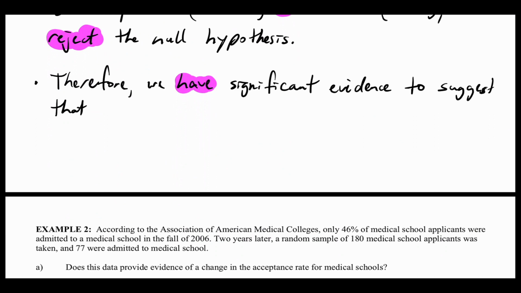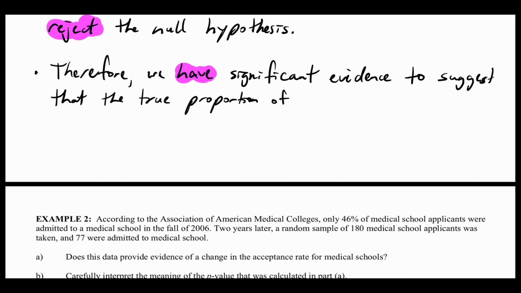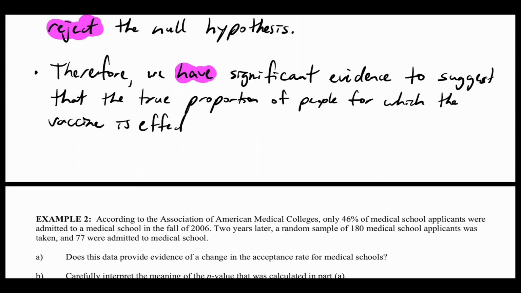So therefore, we have significant evidence or sufficient evidence or enough evidence to suggest that the true proportion of people for which the vaccine is effective is less than 0.62.